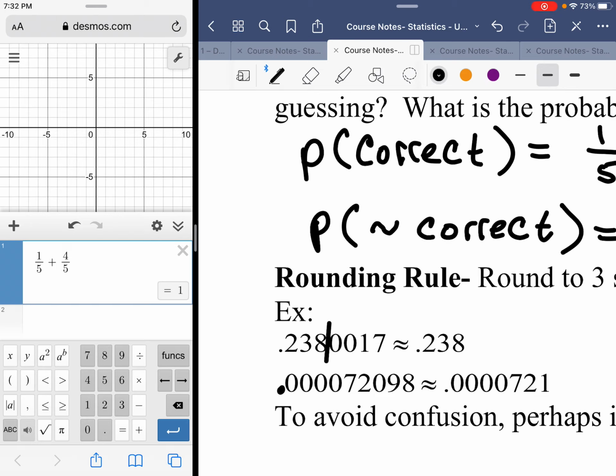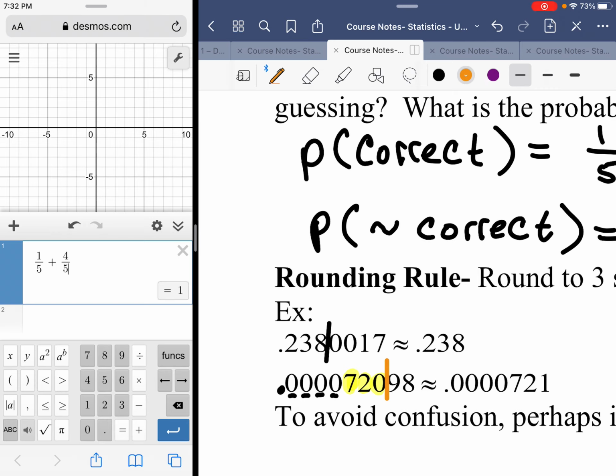It's basically look at the decimal point and travel to the right from there, and if there's a string of zeros, ignore those. When the zeros stop, that's when you start counting off your 3. You say, okay, I have 1, 2, 3 digits after the string of zeros stops.